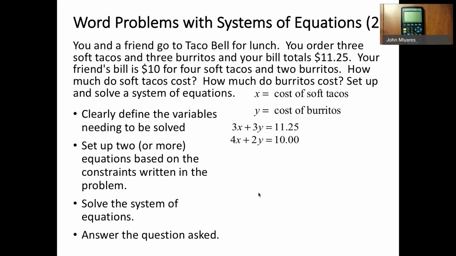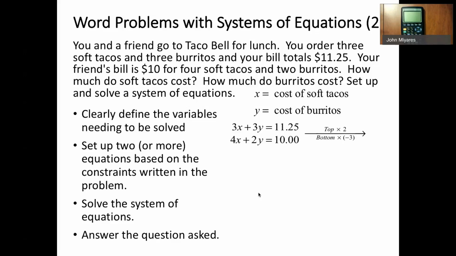This looks like a good candidate for the elimination method because neither one of these equations is going to convert easily into x equals form or y equals form. So I'm going to multiply the top equation by 2 and the bottom equation by -3.